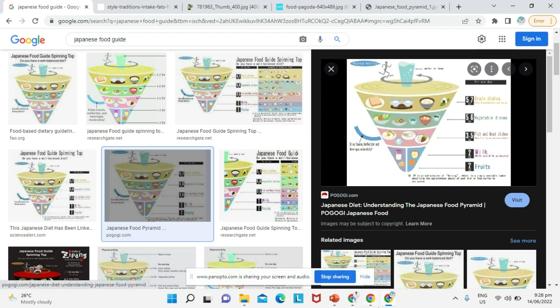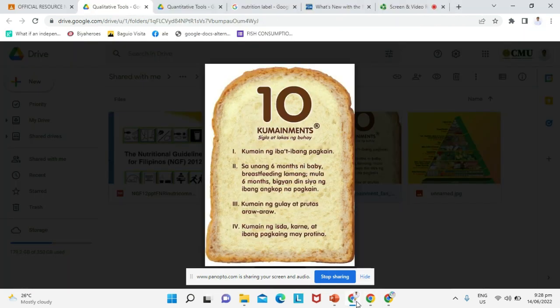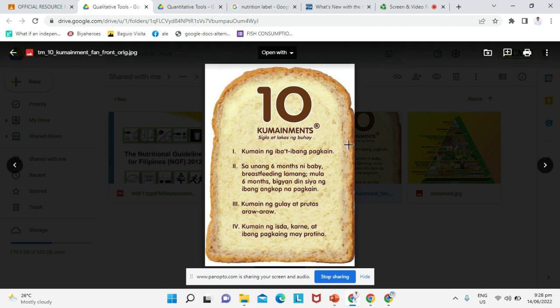Okay. So, balik ta dito sa nutritional guidelines. Again, 10 statements siya. Ang number one nga statement, kumain ng iba't ibang pagkain. This emphasizes variety. Actually, naa tay tulo ka principles, no, sa healthy diet.